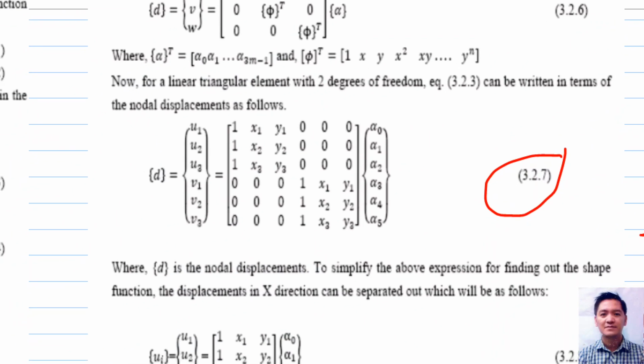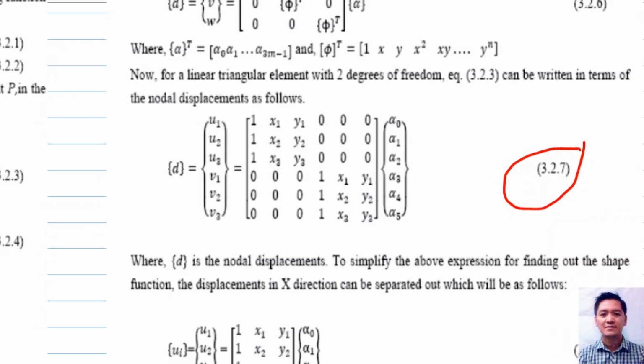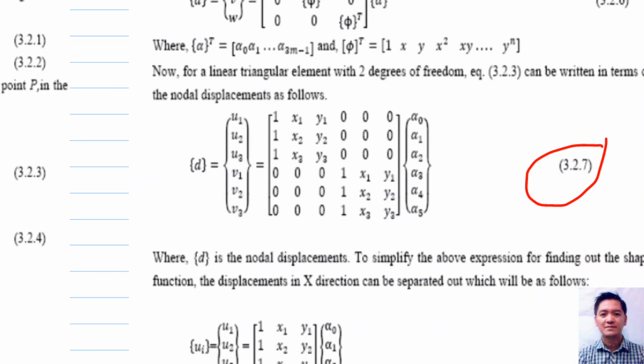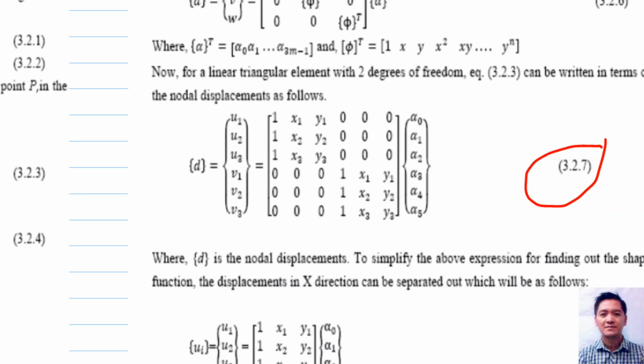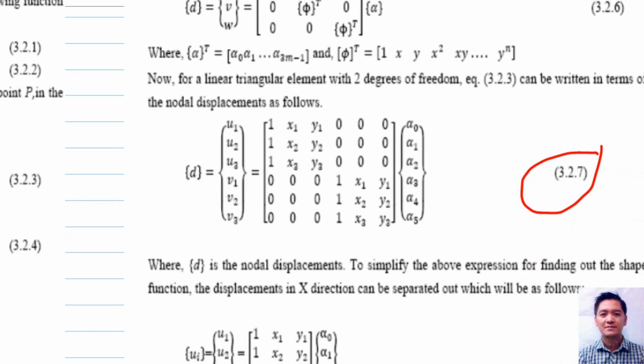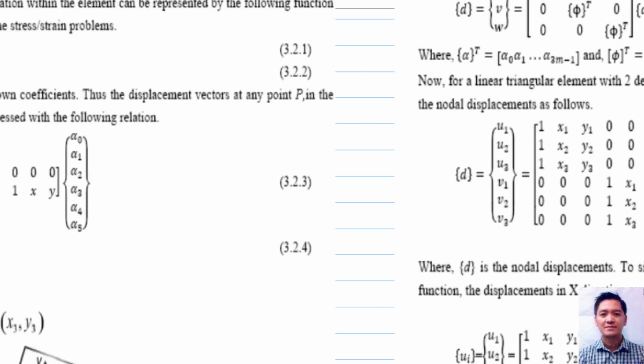So, dahil meron tayong 3 nodes, you have U1, U2, U3, and V1, V2, V3. So in matrix form, D equals the D matrix, which in expanded form U1, U2, U3, V1, V2, V3, will now be equal dun sa matrix na yan, 1, x1, y1, 0, 0, 0, then alpha naught hanggang alpha 5. Parang pinahaba lang natin ito.